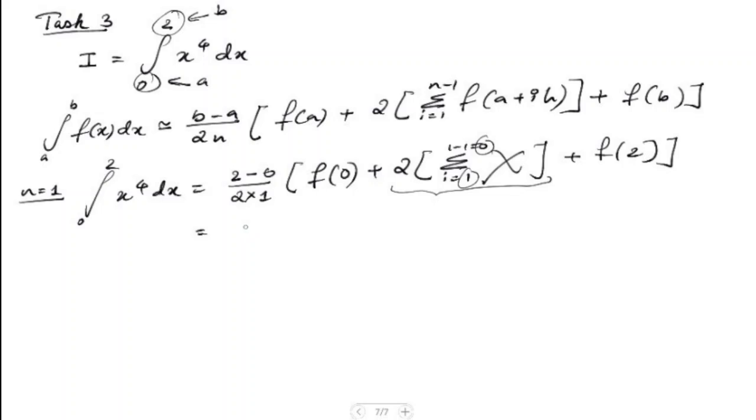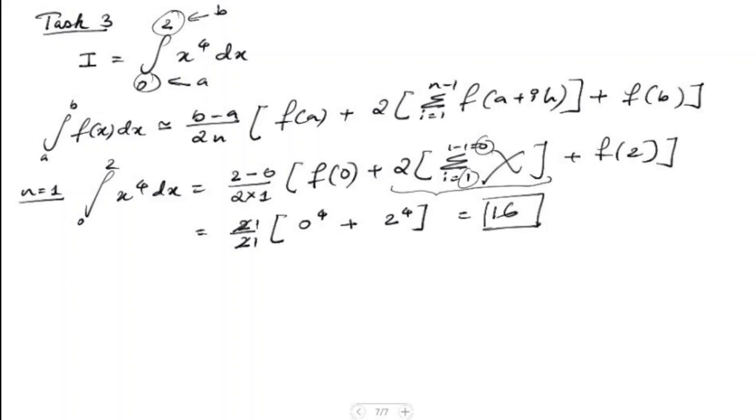So we have 2 divided by 2 times f of 0, which is 0 to the power 4, plus f of 2, which is 2 to the power 4. That gives us the value 16. So that's the value when n is equal to 1.